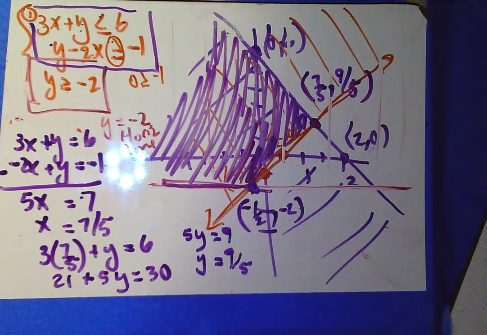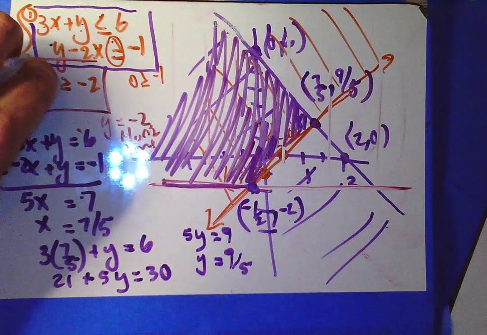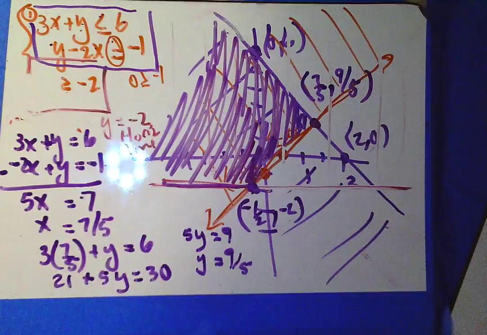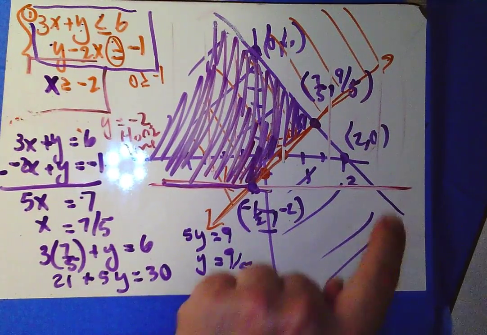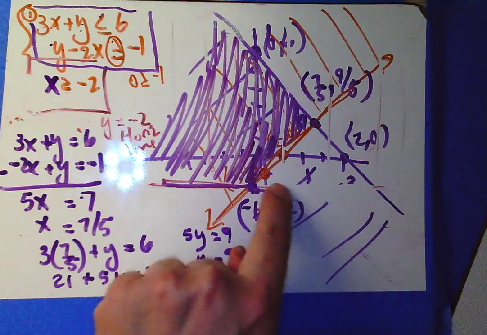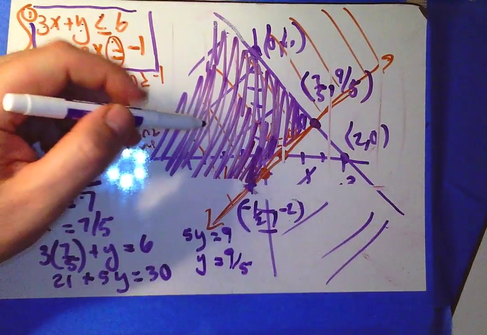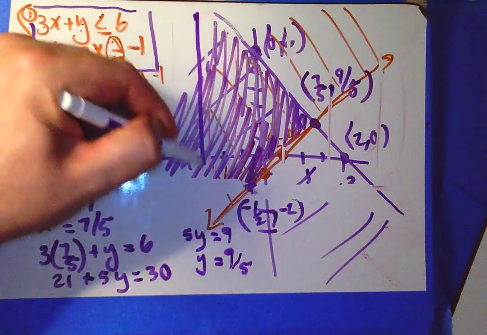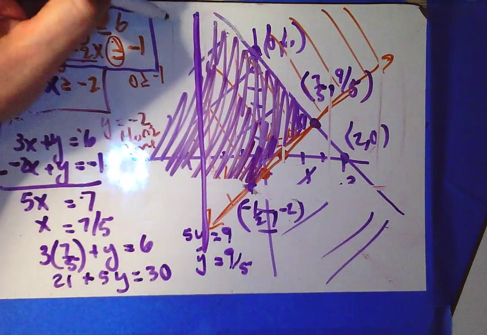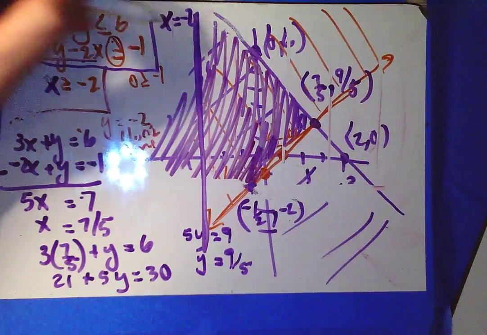Okay, there's our graph. How would this problem have been different if instead of y equals -2, it had said x equals -2? Well, instead of this horizontal line here, I would have at -2 a vertical line, x equals -2.